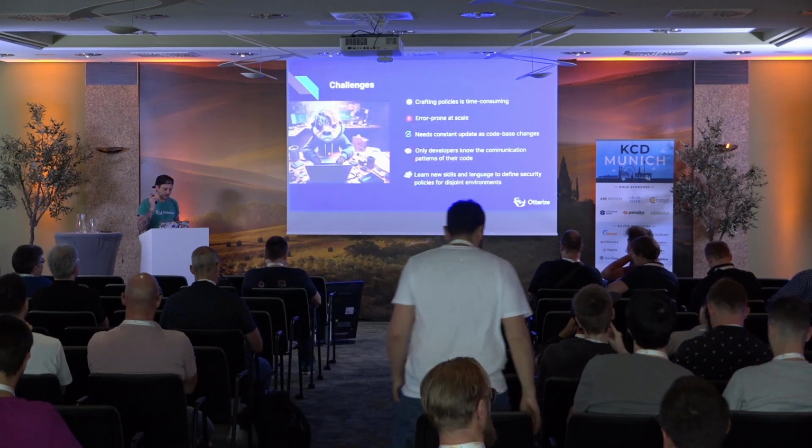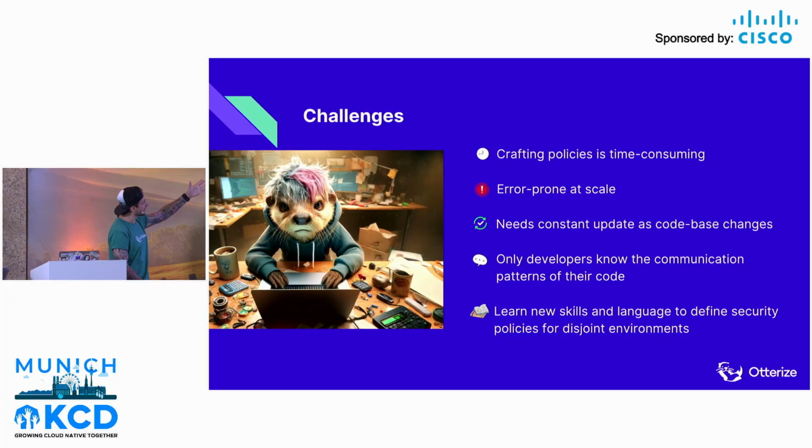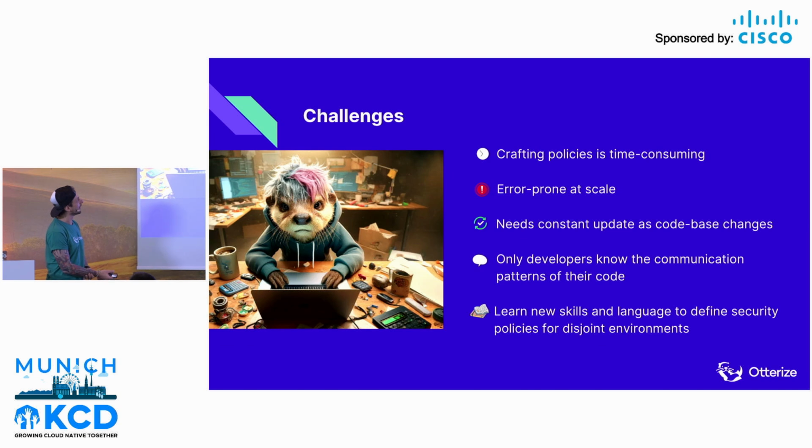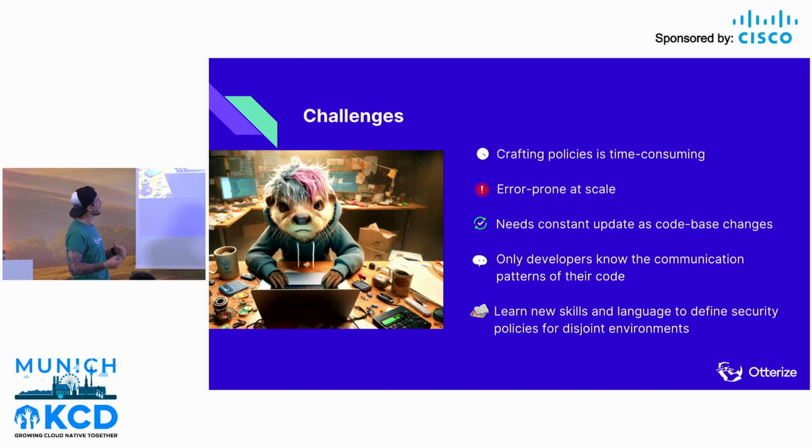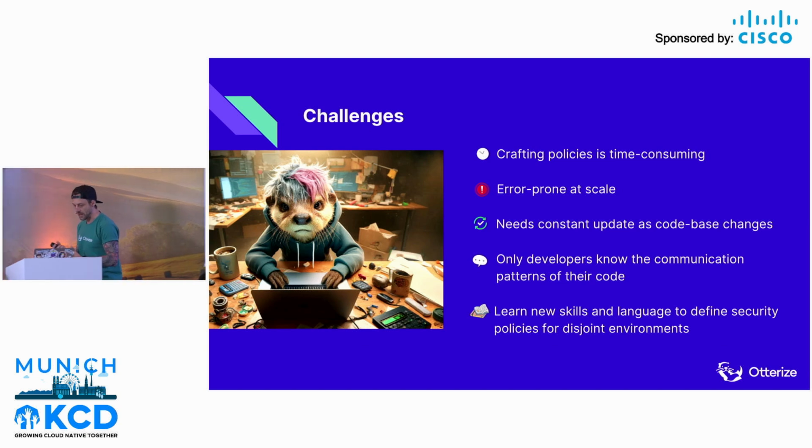Okay, so this is Otis, the first Otter developer, and you can see he's looking pretty depressed because his company has asked him to apply zero trust principles to all his projects, the services he's developing, the code he's developing.